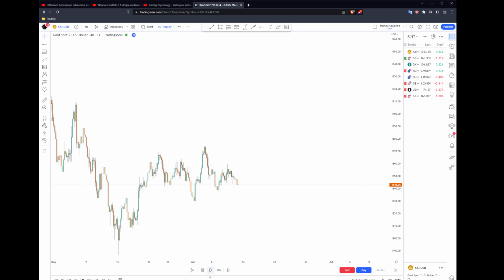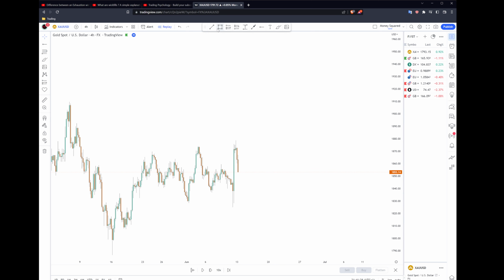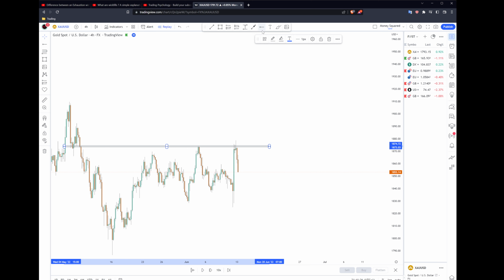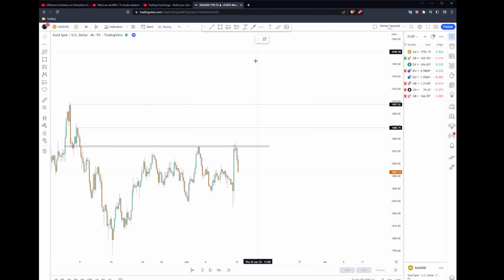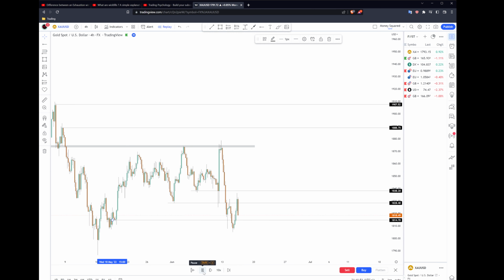So for example, let's pause here and let's find resistance. It's these levels where price is rejecting at the moment, and then you go to the left hand side, this acted as support, and then you have this, then you have this. Where is the support? Support is one here, another one here, another one here, and then you play that.